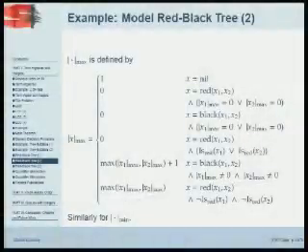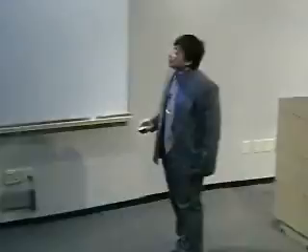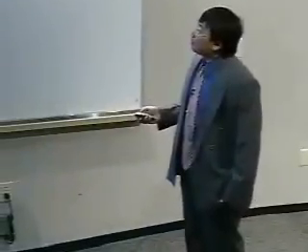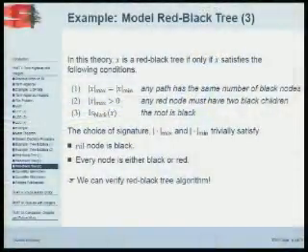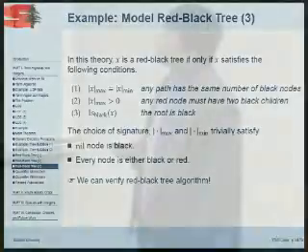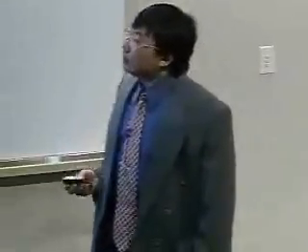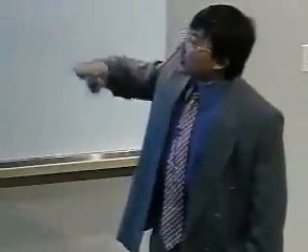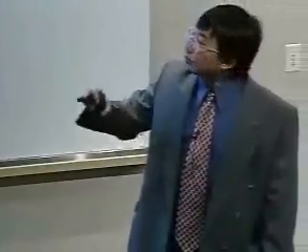So similarly, we can define the length function for min. After this, we can express whether a tree is a red-black tree. The first condition says the max of x is equal to min, which means any path contains the same number of black nodes.